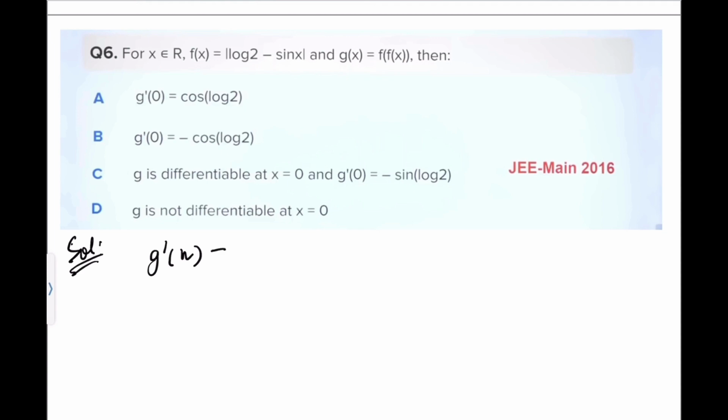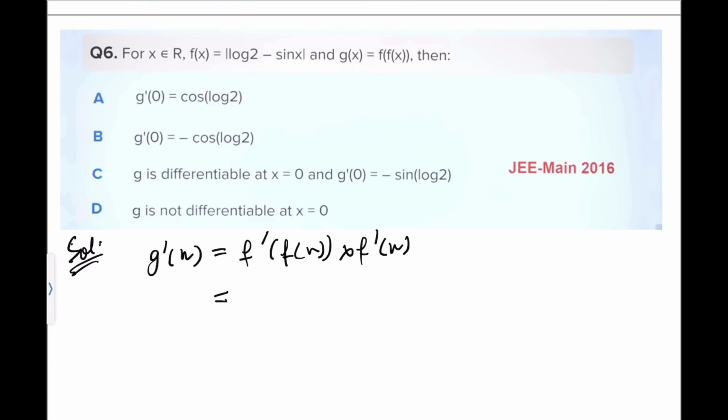So we are first going to find g'(x), and when we differentiate it we are going to use chain rule. It will be like first differentiation of f of f(x), then we will go on to inner differentiation, which will be f'(x).